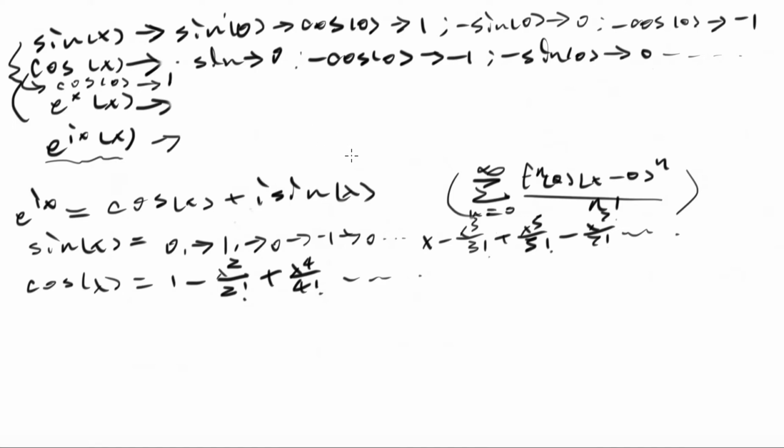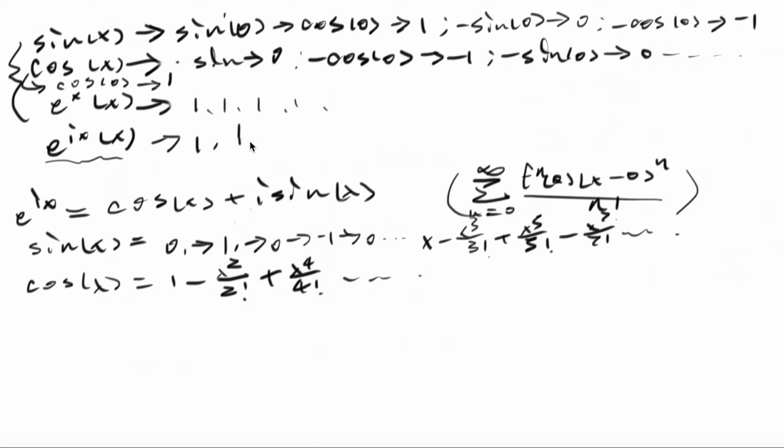Now it's something tricky. No, it's not actually tricky at all, because the natural exponential function is one of those amazing functions whose derivatives you can take so easily. At 0, it's going to be 1 all the time. However, things are a little bit different for e to the ix. It's going to be 1.